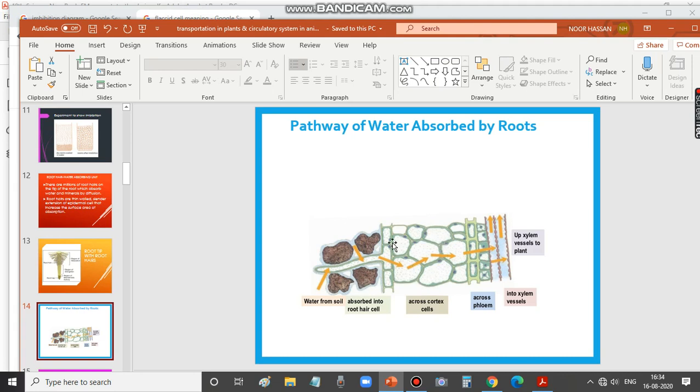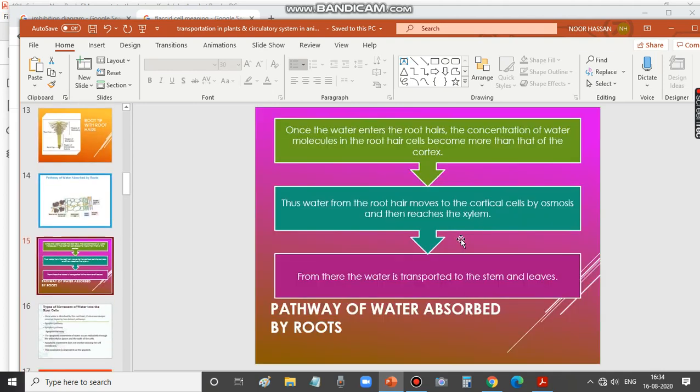This is the epidermal cells, of which the root hairs are extensions, and this is the cortex region. Water slowly moves across the cortex cells, then across the phloem, then water molecules enter into the xylem. From the xylem they move up to the top parts of the plant. This is the mechanism involved in the absorption of water by root hairs.